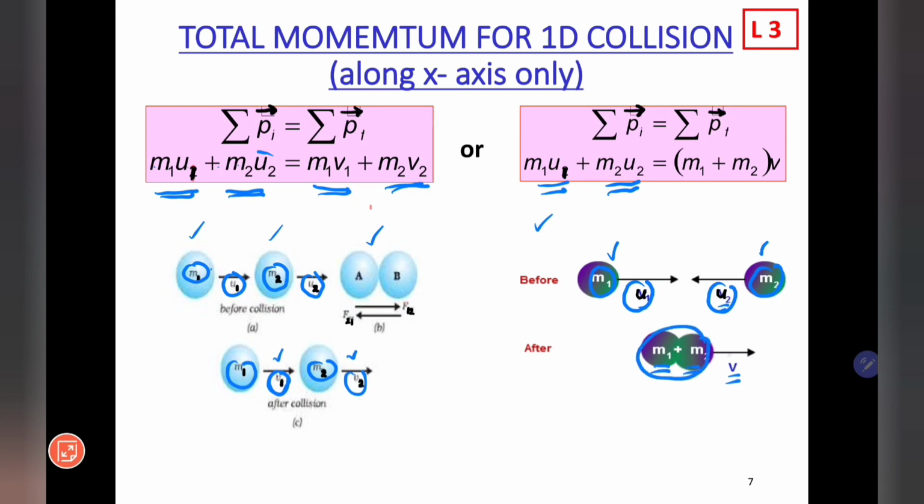They are moving together with the same speed, so the total momentum is M1 plus M2 multiplied by the speed V, giving you the final momentum. So it still obeys the principle, where the total momentum initial and final are equal to each other.